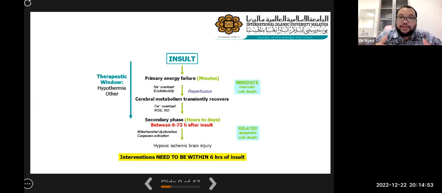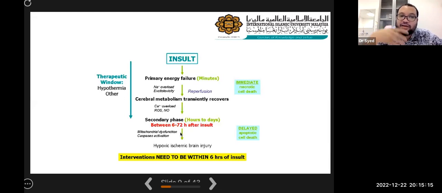Okay, so this happens within the first 6 hours. This first one, the primary energy failure occurs in minutes, and then transient recovery ni occurs within hours. So the next step, secondary phase, this happens after 6 hours. So after 6 hours, these are the delayed phase.